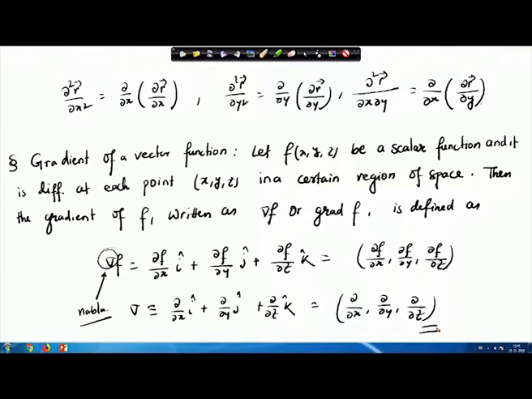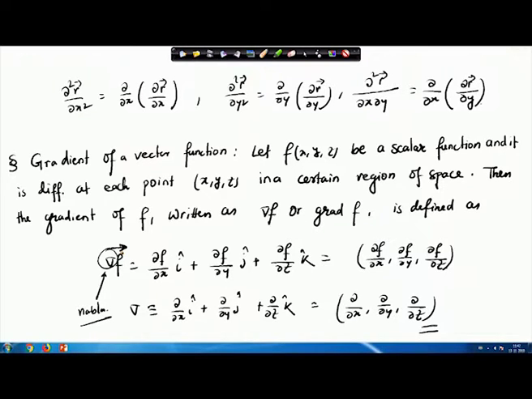Usually when we say gradient of f, we are actually applying this operator. This operator is called nabla, and when you apply it on a scalar function, it is called the gradient of a scalar function, and obviously it is a vector quantity.